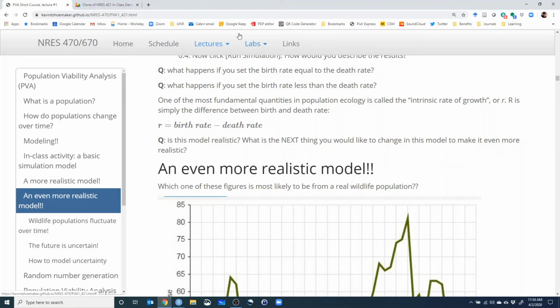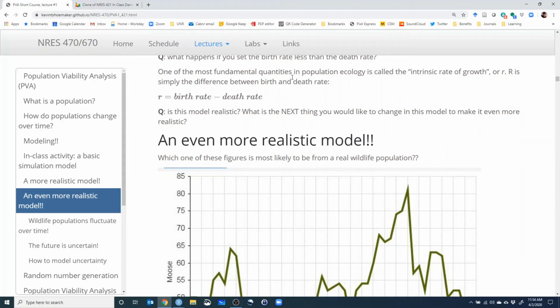So play around with it. This is just a basic exponential growth model and introduces a very basic concept of population ecology. But what do you say? Is this model realistic? Probably not. And so what's the next thing you'd like to change to make this model more realistic? You don't have to answer this in Web Campus, but just think about it.